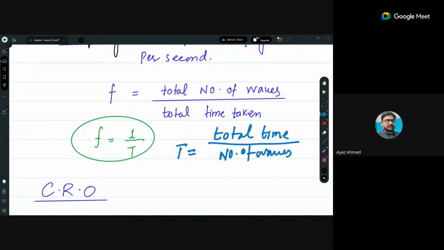So can I say that frequency and time period are reciprocal to each other? Because in frequency, total number of waves is in the numerator and total time taken is in the denominator, and in time period, total time is in the numerator and total number of waves is in the denominator. So that is why you have this relation: frequency is 1 upon time period, or time period is 1 upon frequency.